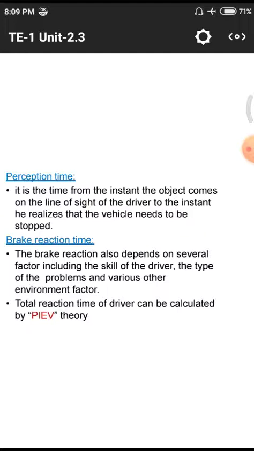Likewise, different vehicles have different braking systems, so the driver should have easy access to the controls to apply the brakes. That is the main reason for braking reaction time. Some cars have two different braking systems, front braking and back braking.